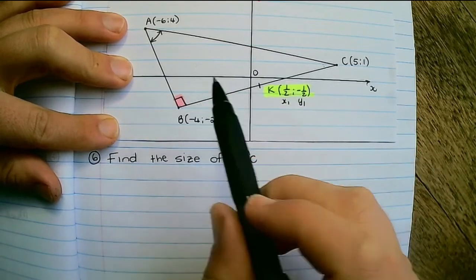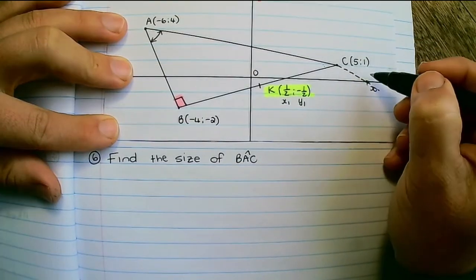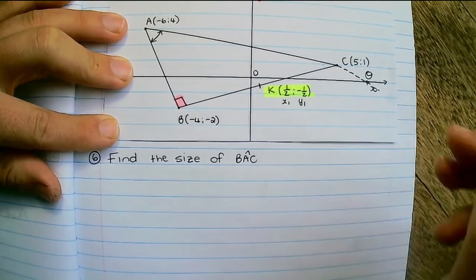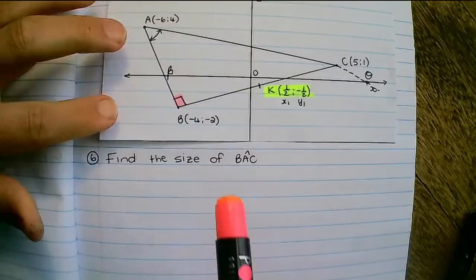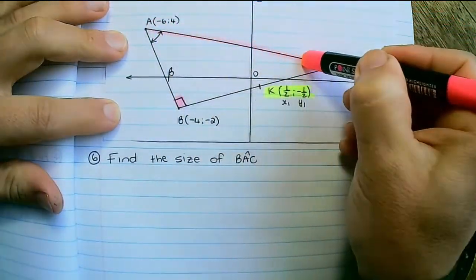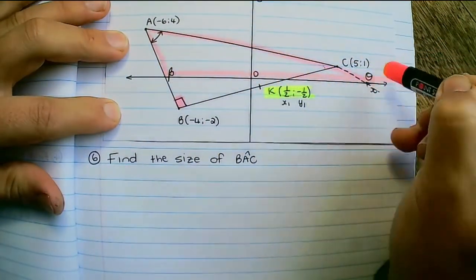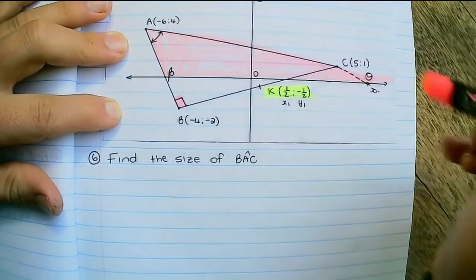Alternatively, we can extend this line, and let's call this angle theta, and let me call this angle beta. Then I can use that the exterior angle of a triangle is equal to the sum of the opposite interior angles, like we had in our previous video.